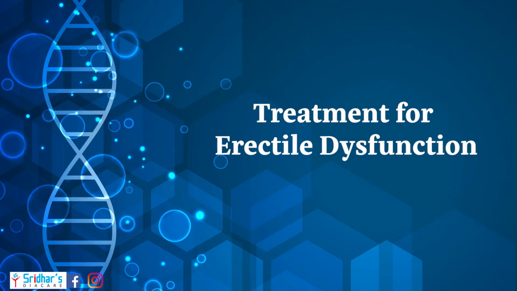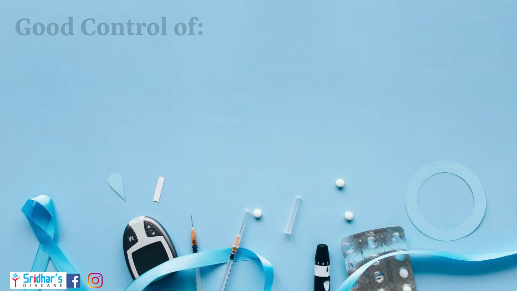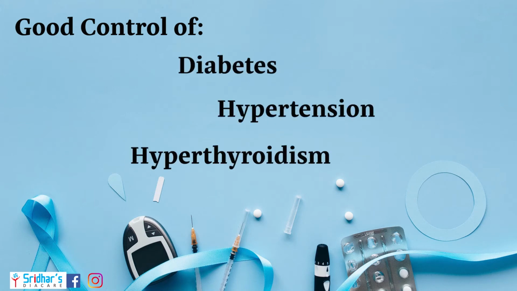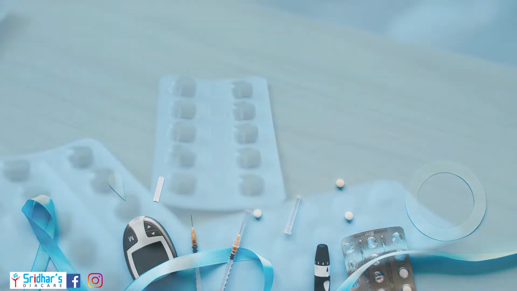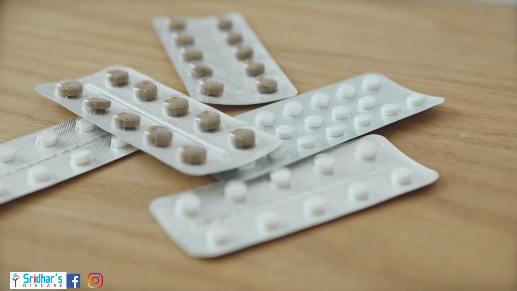Treatment for erectile dysfunction. Treatment for erectile dysfunction will depend on the cause, and there is a range of good treatment options. First and foremost is good control of diabetes, hypertension, hypothyroidism, etc. The most common treatment for erectile dysfunction is with oral tablets.